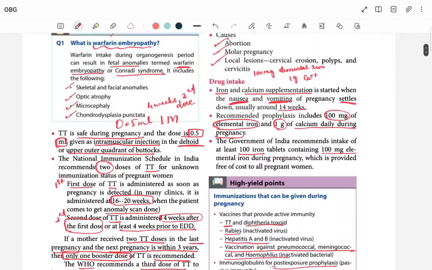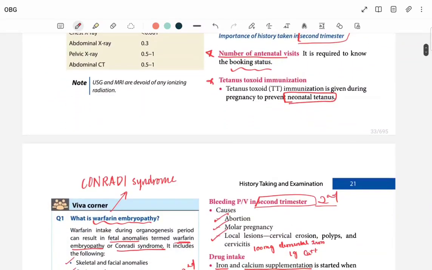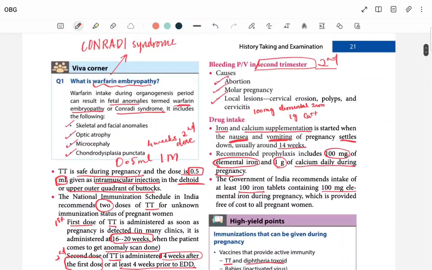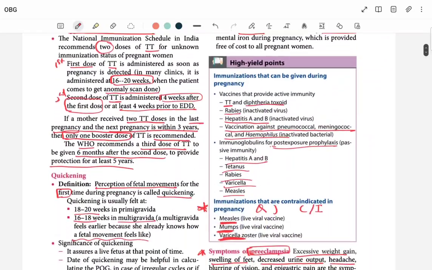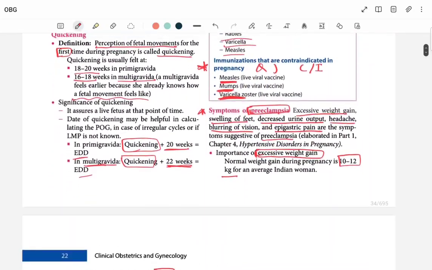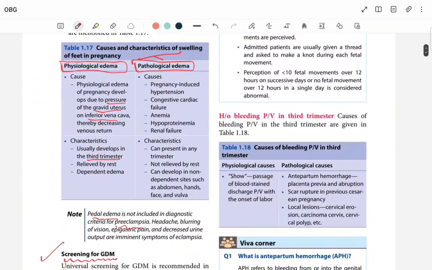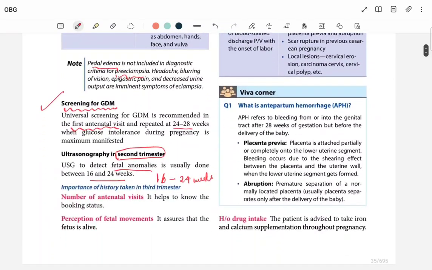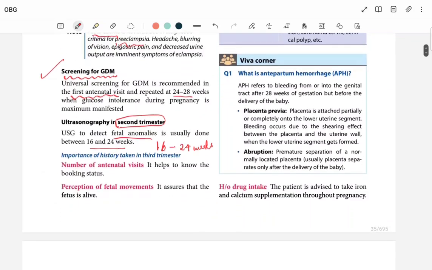So far in the second trimester, we saw the number of antenatal visits, TT immunization, quickening, the causes of bleeding PV in the second trimester, drug intake, what immunizations are contraindicated in pregnancy, symptoms of preeclampsia, causes for swelling of feet in pregnancy, screening for GDM, and ultrasonography in the second trimester, that is during 16 to 24 weeks.